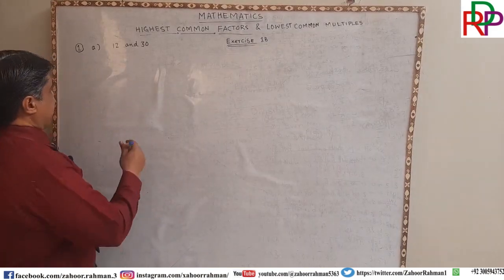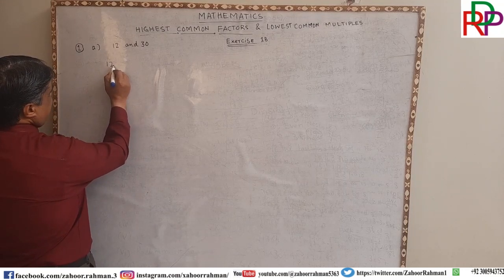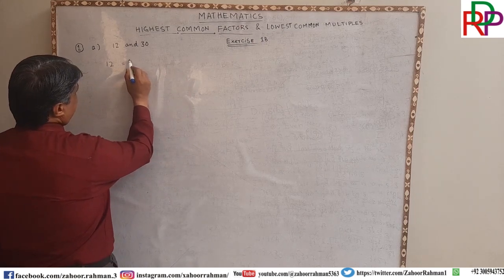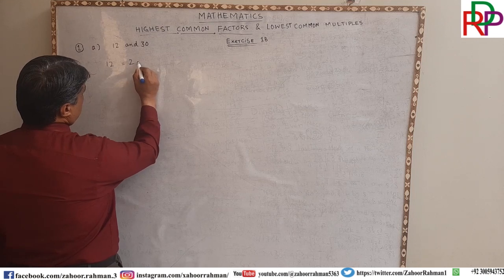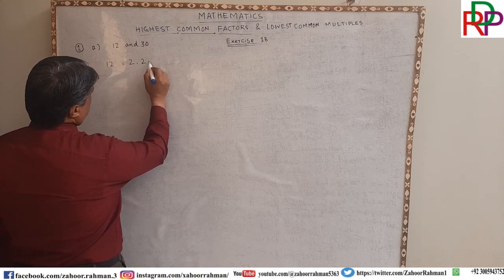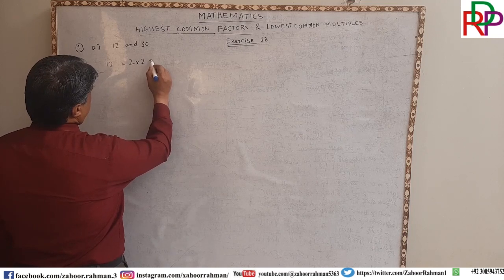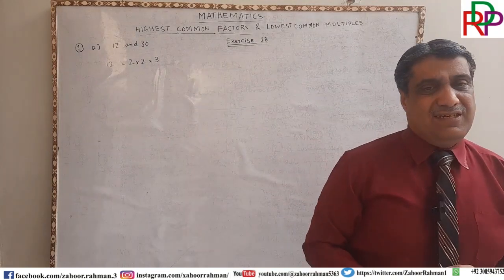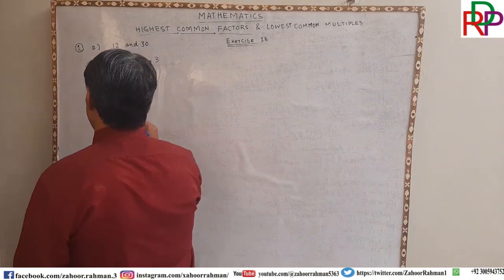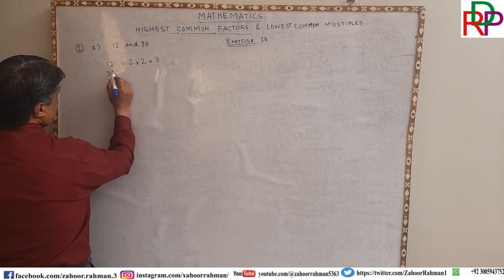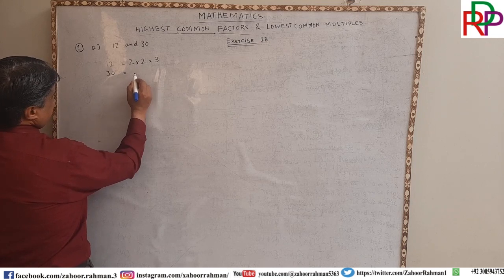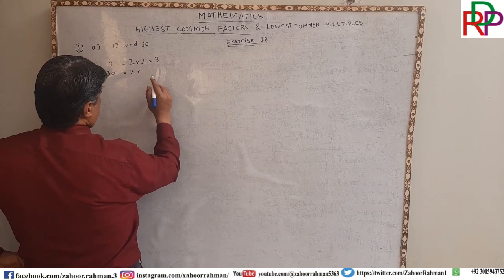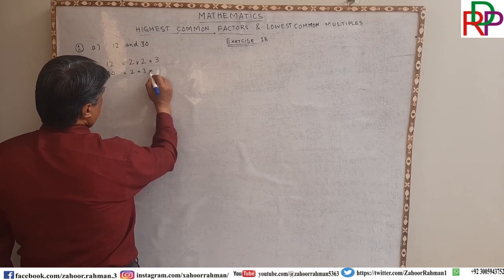Okay, let us find the factors of 12. To find the factors of 12, there is 2 into 2 into 3. These are the prime factors. And for 30, there is 2 into 3 into 5.